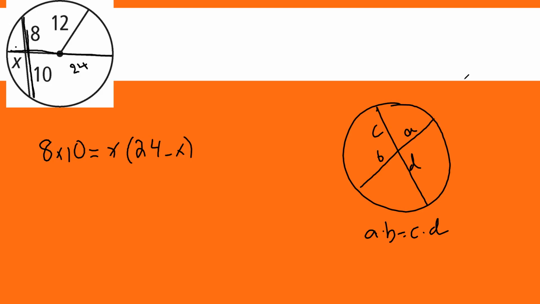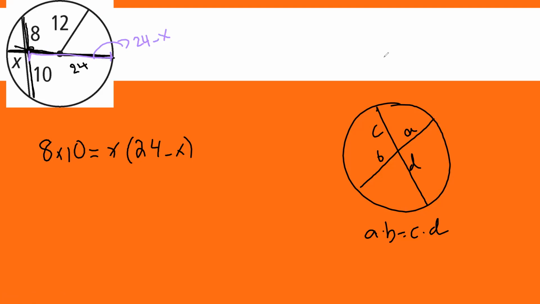If we have these two chords, and they are intercepted inside a circle, then 8 times 10 will be x times this side here, from this point up to this point. Since the diameter is 24, the measure of this part here will be 24 minus x.